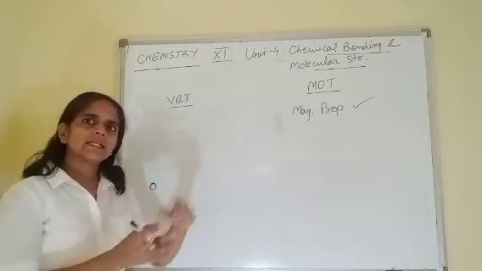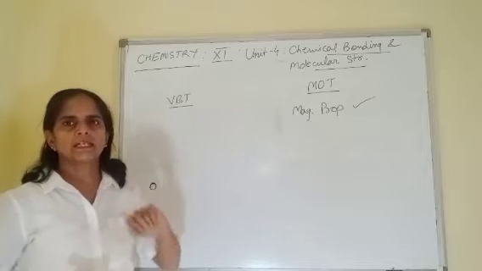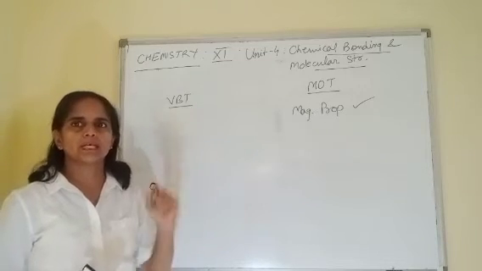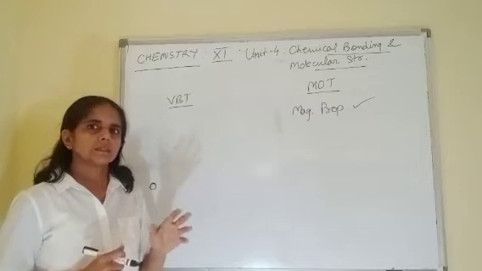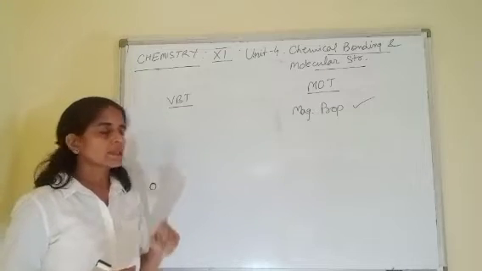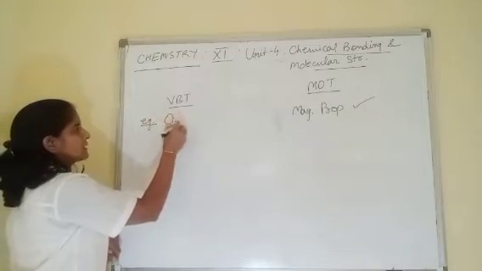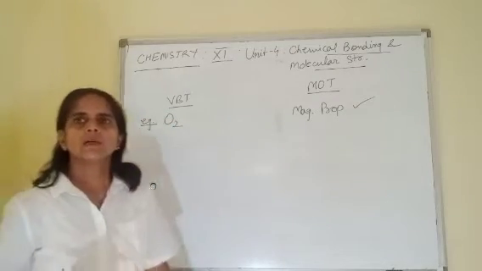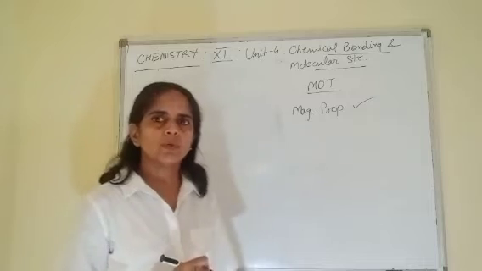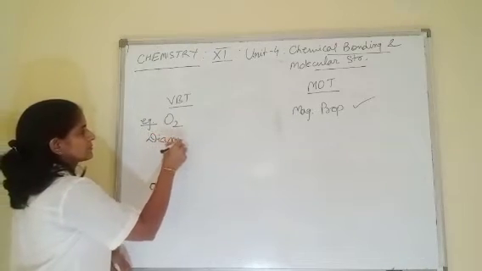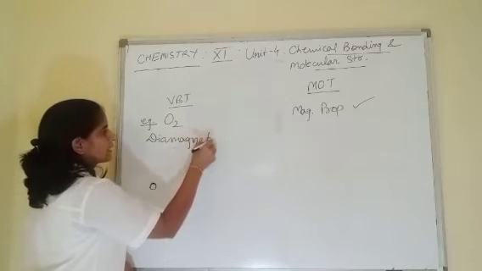I'm not saying that VBT doesn't talk about magnetic properties. To some extent we get information about magnetic properties, but there were some problems also. Like, if we take the example of the oxygen molecule, according to VBT, O2 is a diamagnetic molecule.